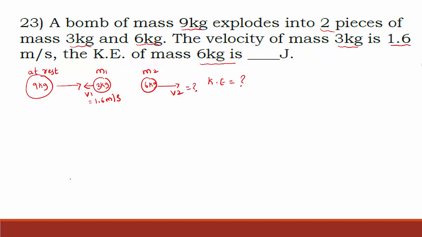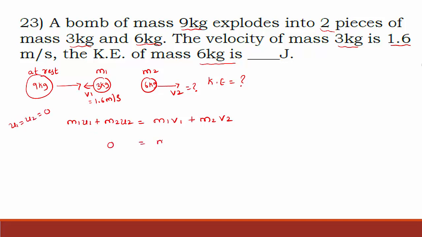The bomb initially was at rest, therefore the initial momentum of the bomb is equal to 0. I can write the equation m1 u1 plus m2 u2 is equal to m1 v1 plus m2 v2, before exploding and after exploding. Before exploding it is at rest, so u1 and u2 are equal to 0.